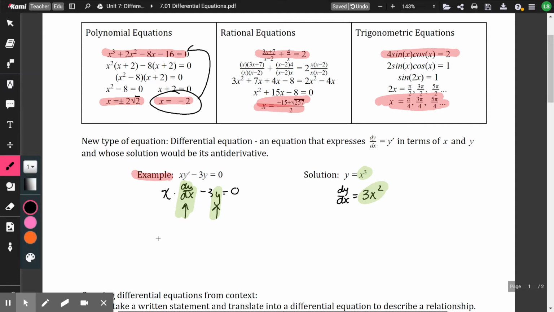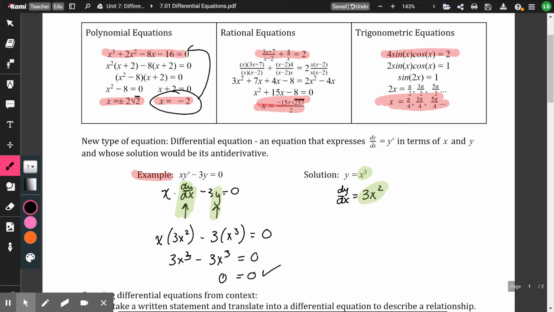So x times 3x squared, take away 3 times x to the third, and we're going to just verify that that's 0. So we end up with 3x to the third minus 3x to the third, which would be 0 equals 0. So that's an example of a differential equation and a solution that happens to work for it.